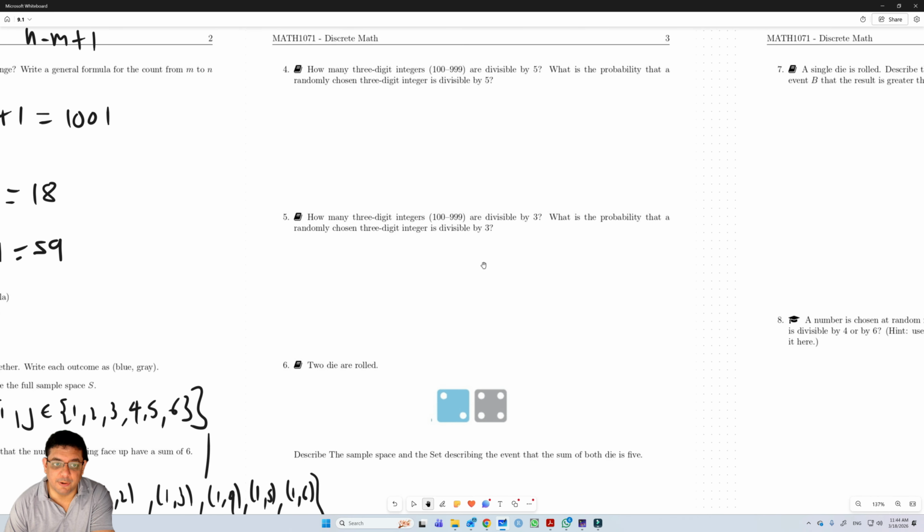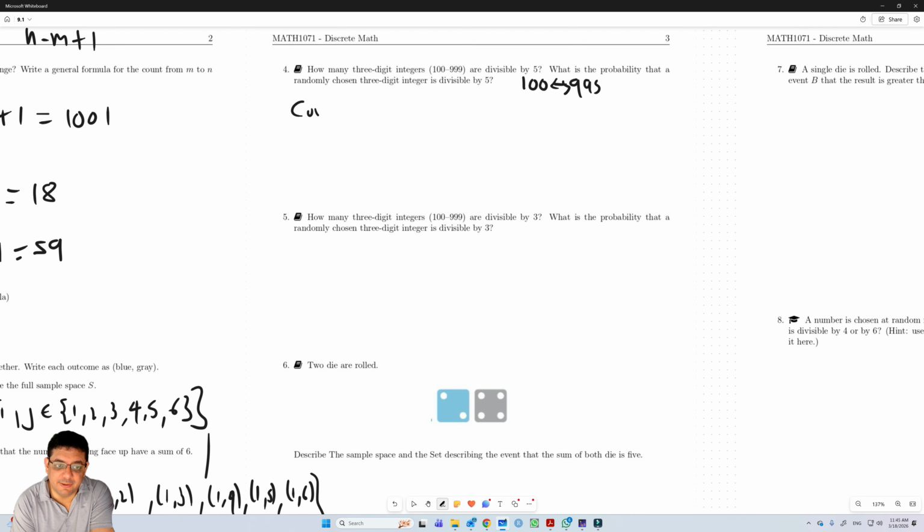question number 4 first. So we have how many 3-digit integers from 100 to 9099 are divisible by 5? What is the probability that a randomly chosen 3-digit number is divisible by 5? So if it's multiples of 5, this goes really from 100 to 9095, because that's the multiples of 5. 9099 is not going to be a multiple of 5.